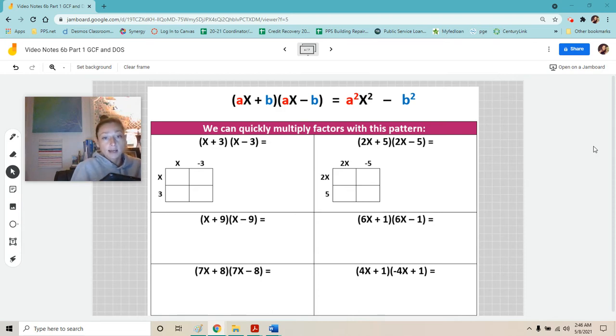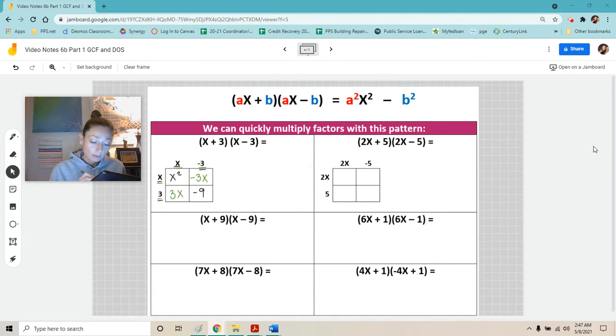I'm going to look at this x plus 3, x minus 3. If I was doing an area model of this problem, if I wasn't using this trick, I would say, okay, I have x times x, that makes x squared. I have x times negative 3, that makes negative 3x. I have x times positive 3, that makes positive 3x. And then I have positive 3 times negative 3, that makes negative 9.